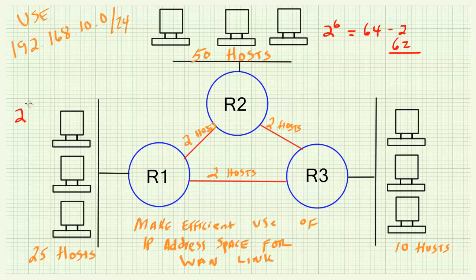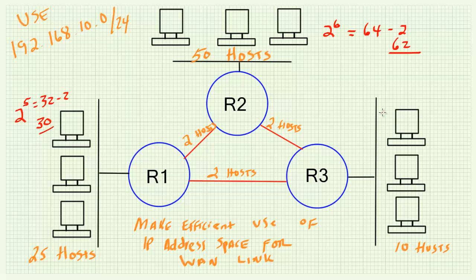Well, 2 to the 5th is 32, minus the 2 special cases gives us 30 usable host addresses. We need 25. That gives us a few extra, so that's perfect. 5 bits it is. So 2 to the 5th, that's 32, minus 2 gives us 30 usable addresses with 5 host bits in location 1.